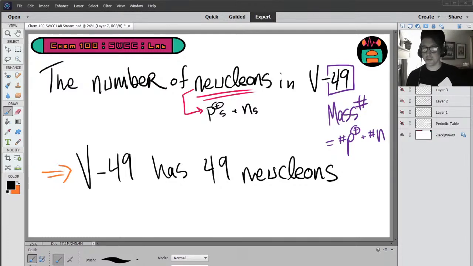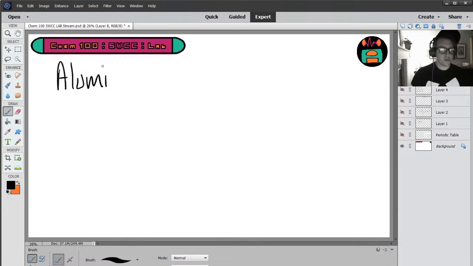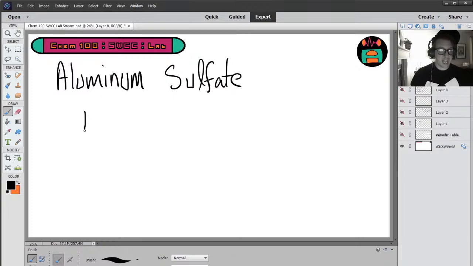Dude, we can totally do aluminum sulfate. And that's probably as tricky as these problems get. So let's find the formula for aluminum sulfate. Now, aluminum is a cation with a positive 3 charge.